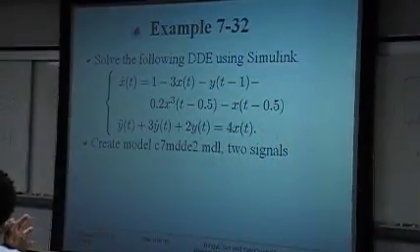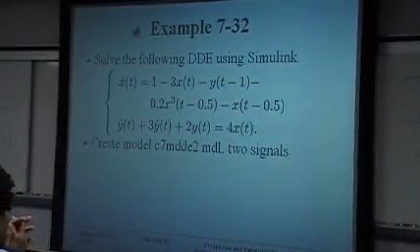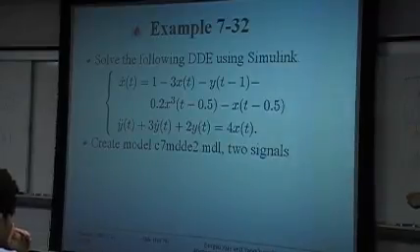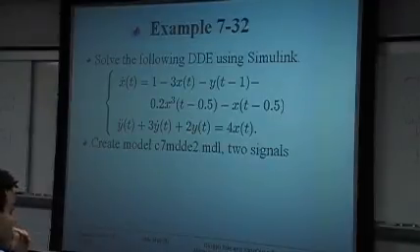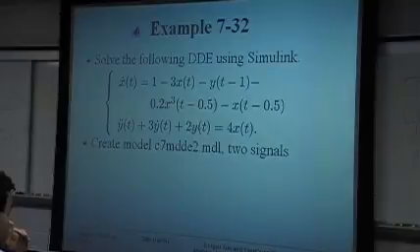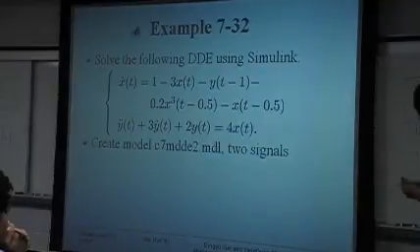In the lecture, I think I talked about the DDE23 algorithm. We can easily solve the problem with that function. Now I'm going to talk about how we can solve this kind of delay differential equation with the use of Simulink.